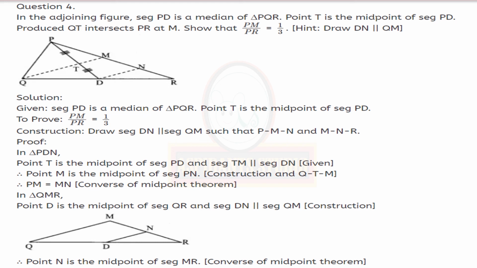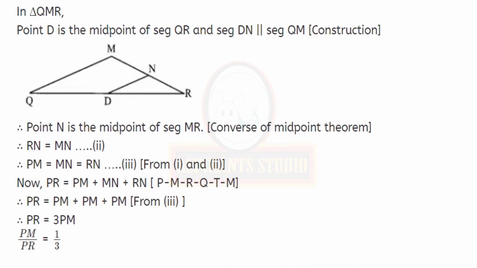Because you have one midpoint D and segment DN is parallel to segment QM according to the construction. So if there is one midpoint and parallelism, then you can apply converse of midpoint theorem. So you get the other midpoint. What is the other midpoint? N, the midpoint of segment MR, because of the converse of midpoint theorem.